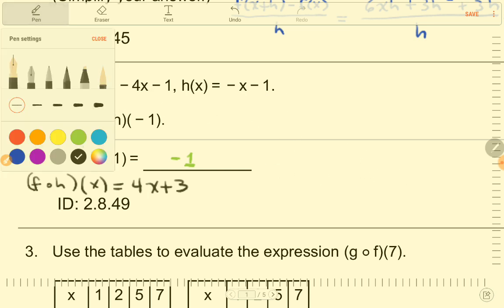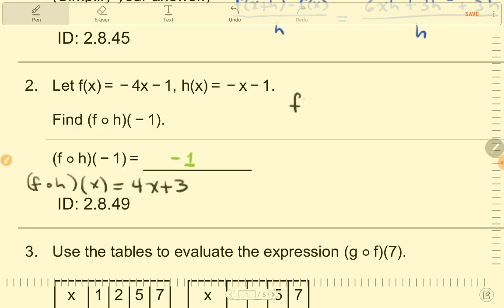So now I'm going to evaluate f of h of x, which is the same thing as saying it this way. It's just a different notation, but it means exactly the same thing.